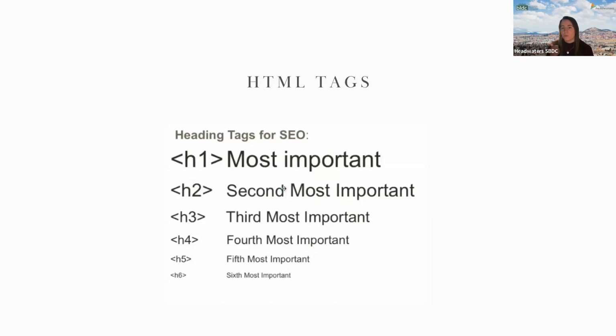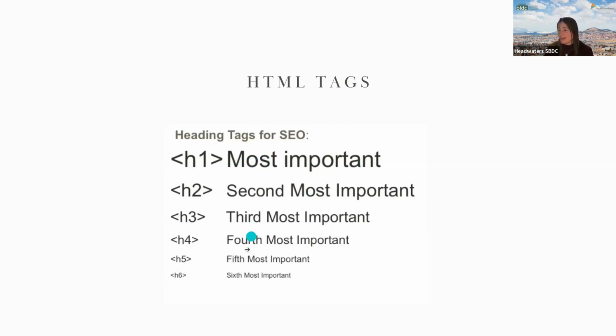But you want to make sure you only have one H1 tag on your website. If you have multiple, Google's bots will get confused and won't know what's the higher ranking. So it'll essentially just skip it over. It's too much information and it's not going to read it appropriately. So you just want to have one, with those keywords in it, and be the most important thing that you want Google to read.